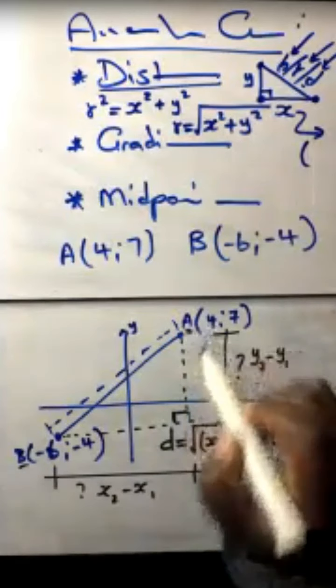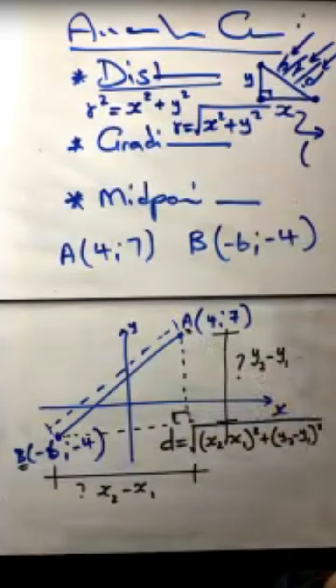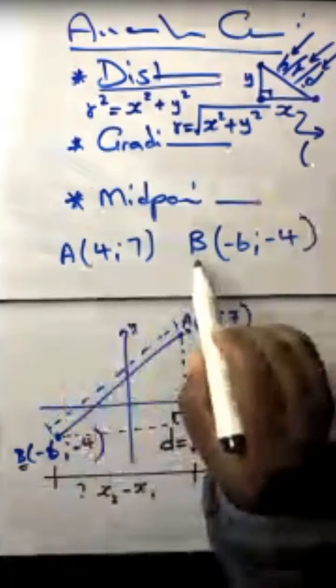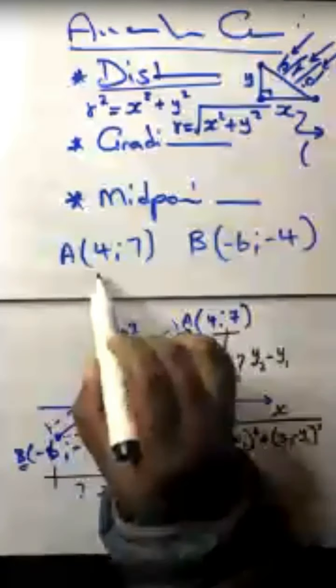Between A and B, which one can be x1 and which one can be y1, which one can be x2, which one can be y2? Remember, between A and B, A comes first.